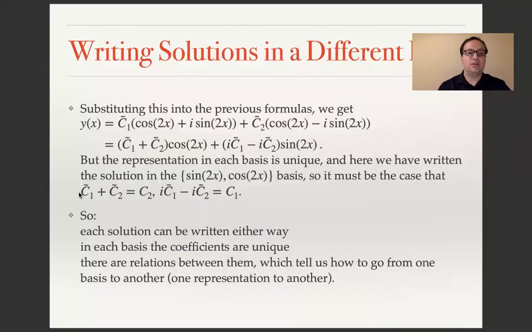So c1 tilde plus c2 tilde must be equal to c2, which is the coefficient of cosine, and i c1 tilde minus i c2 tilde must be equal to c1, which is the coefficient of sine. So we obtain the relation between the coefficients used to write y of x in one of the bases and the coefficients used to write y of x in the other basis.